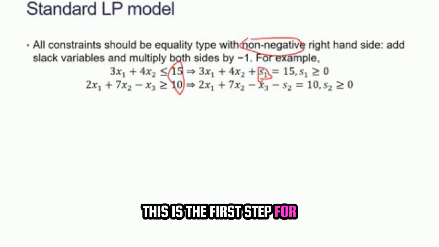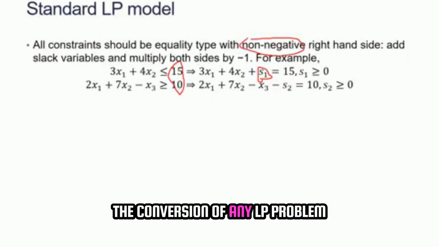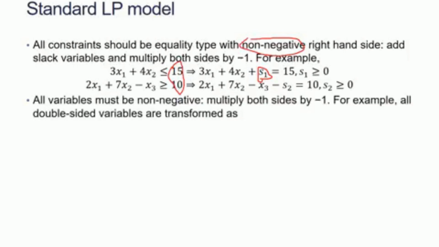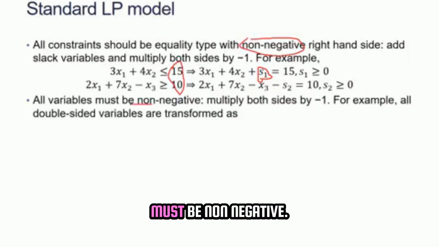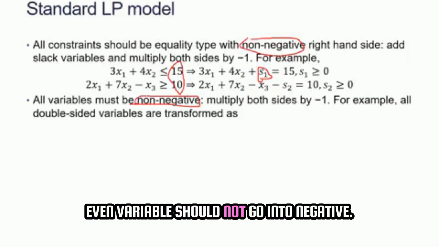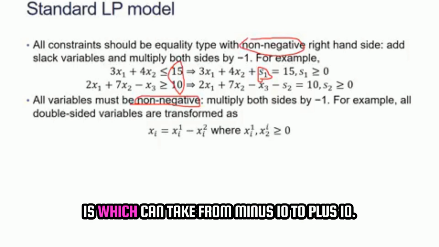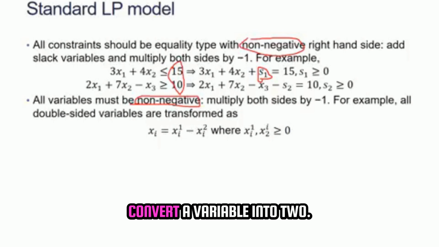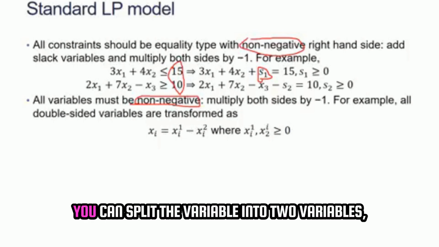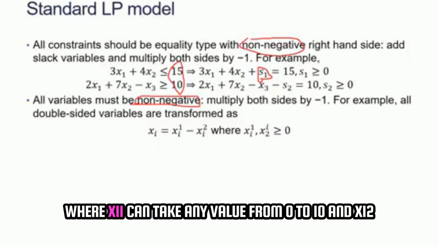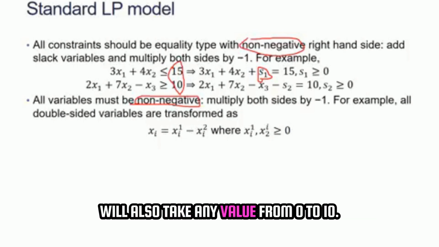This is the first step for the conversion of any LP problem into a standard or canonical form. The next is that all the variables must be non-negative. Even variables should not go negative. So let's say a variable can take values from minus 10 to plus 10. What you can do is convert the variable into two. You can split the variable into two variables, xi1 and xi2, where xi1 can take any value from 0 to 10, and xi2 will also take any value from 0 to 10.